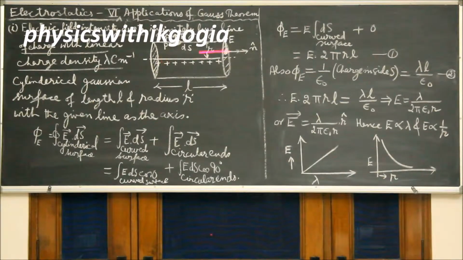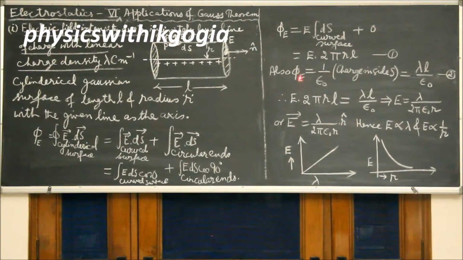So the total charge will be lambda into L. So the alternate expression for the flux by Gauss theorem is lambda L over epsilon naught. This we write as equation 2.